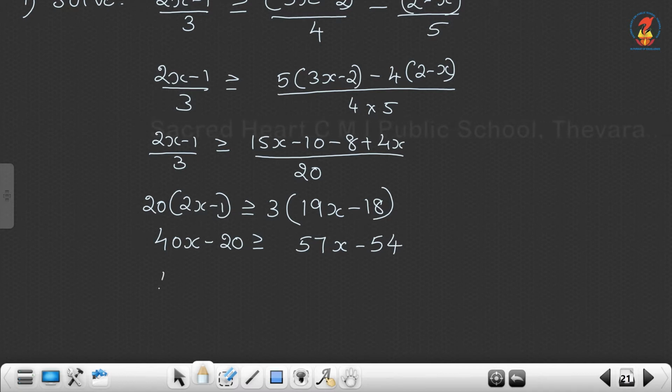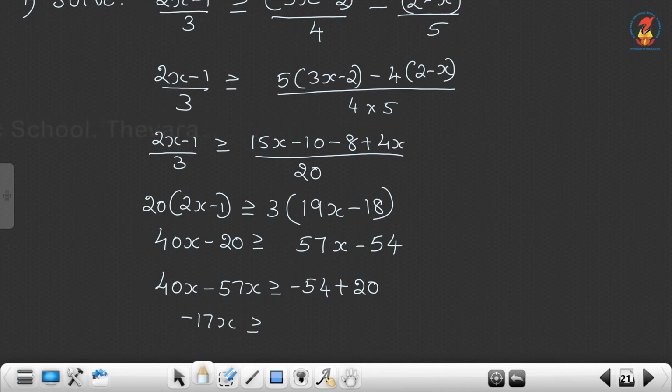Okay. Then 40x, take x to one side: minus 54 plus 20. So −17x ≥ −34.